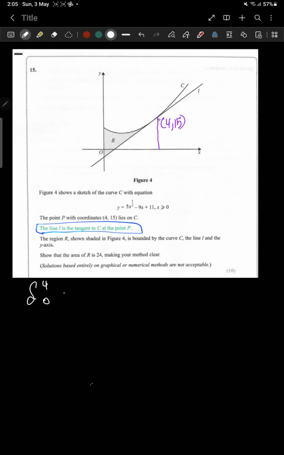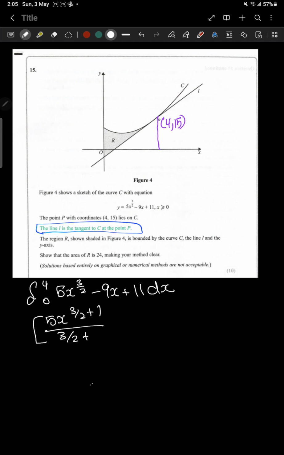All right, and we have to do the definite integration of this with respect to x. Now for integration, you add 1 to the power and divide by the new power, plus 11x, in brackets with 4 and 0.